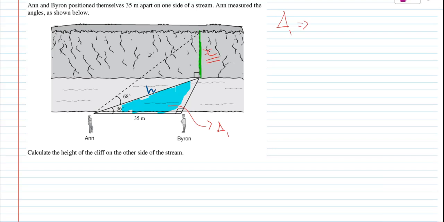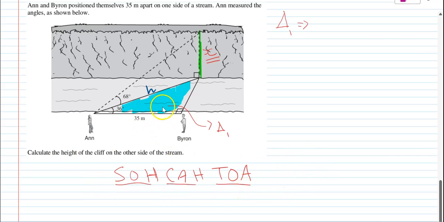First of all, let's do a quick review of the trig ratios. Do you remember your trig ratios? If you don't remember them, they are sine, cosine, and tangent. SOHCAHTOA is what we use mostly in Canada and other places around the world as well.